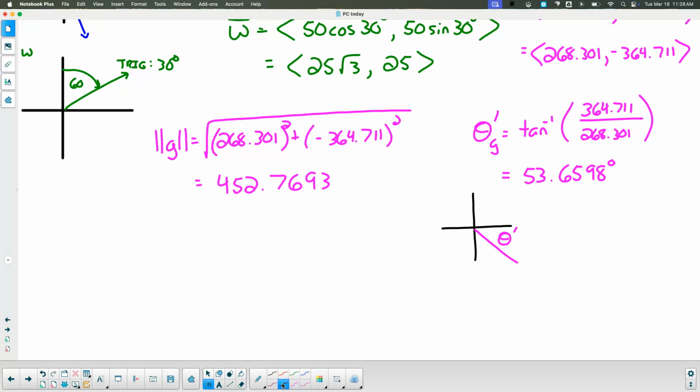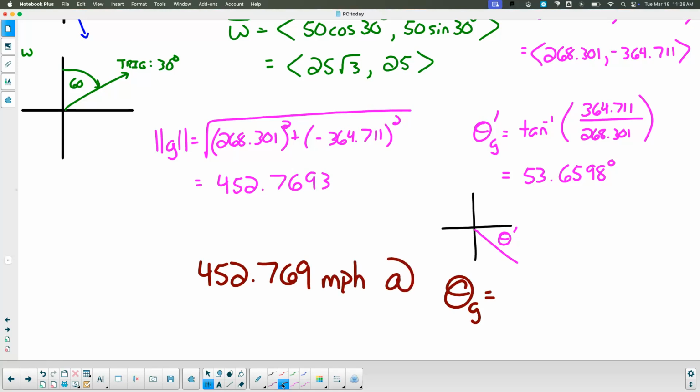Which is going to make, I'm going to add 90 to that. So that gives me 143.660 degrees as my bearing.